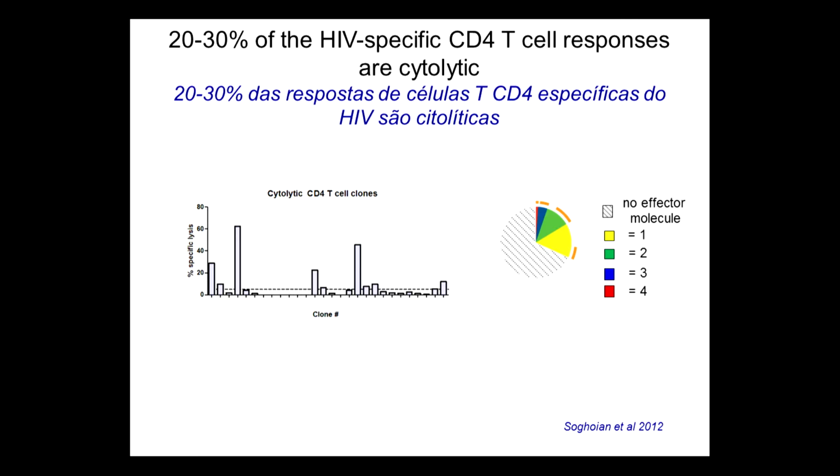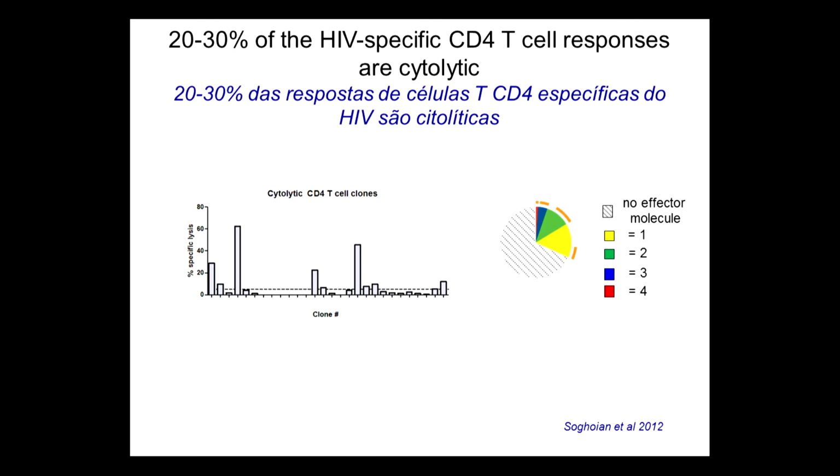From these clones, sorted based on interferon gamma, we found that 20 to 30% have the ability to lyse peptide-loaded target cells in a chromium release assay. So our clones also maintain the cytolytic function.